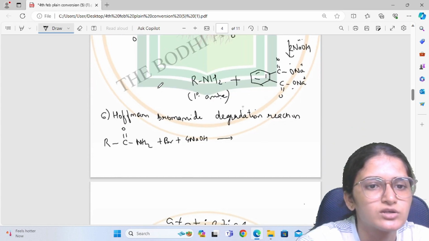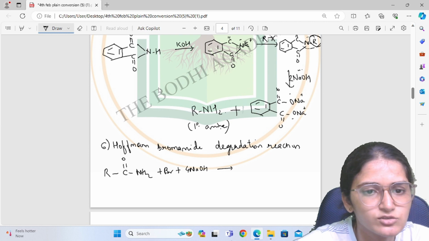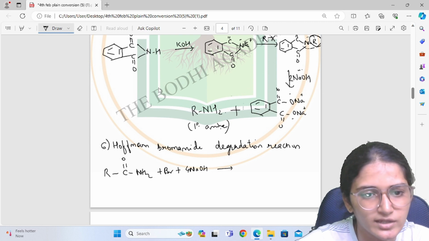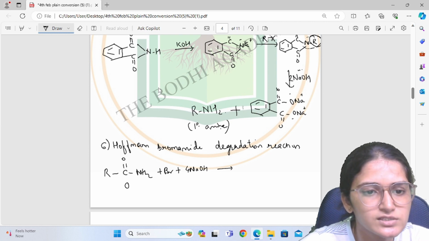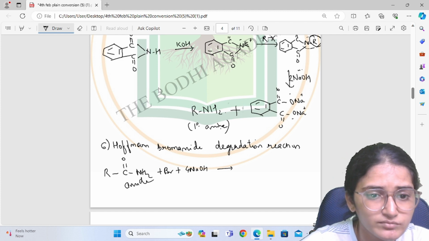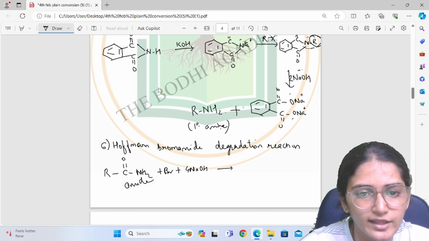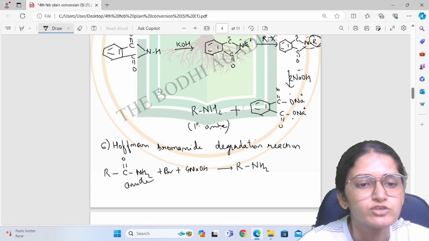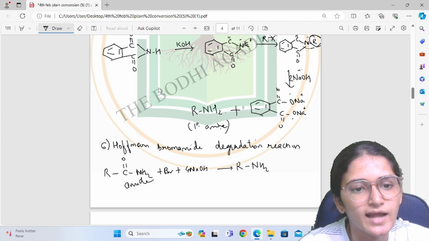The last reaction for the preparation of amines is Hofmann bromamide degradation reaction, in which we first take an amide and add to it Br2 and NaOH. So what will we get? We will get RNH2. We might expect to get RCNH2, but no. In this reaction there is always one less carbon than we are taking.